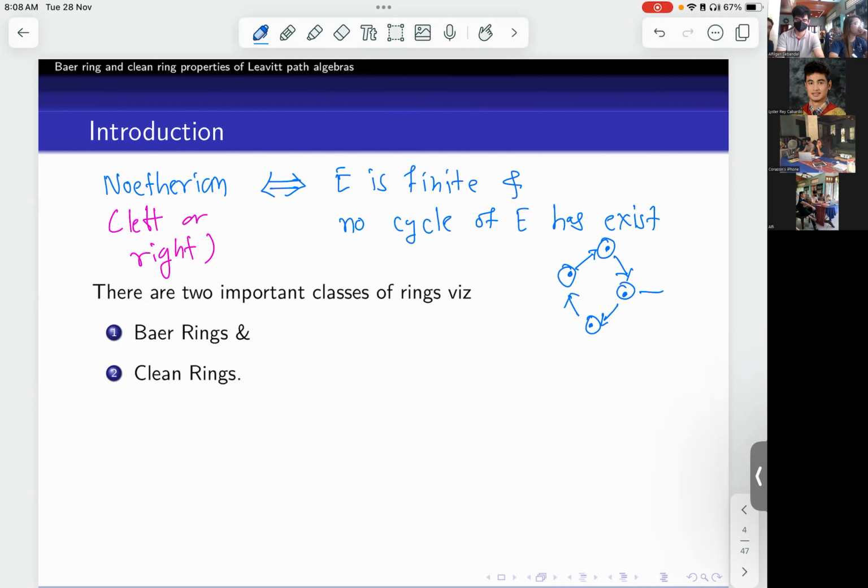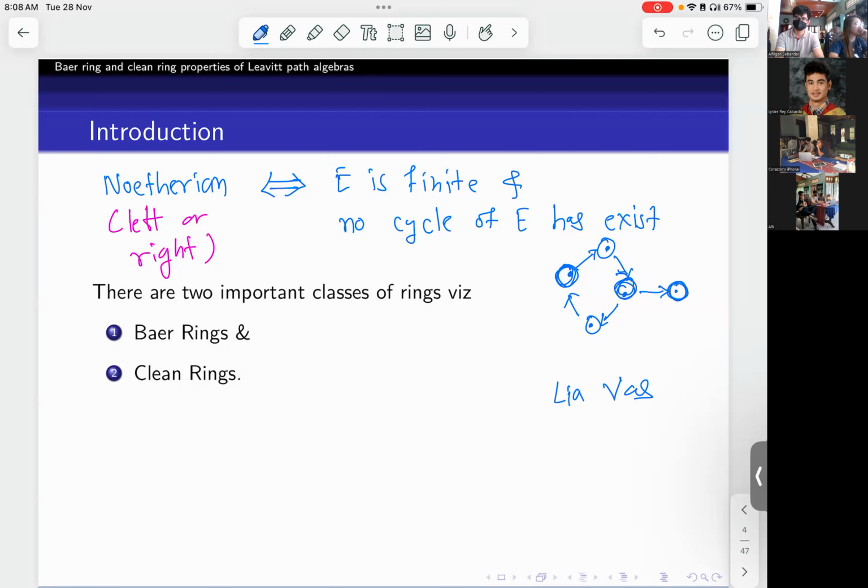But suppose there exists another edge which takes us to another vertex, so you can come from this vertex to this vertex, and instead of going around the cycle you can go away. So we will say that this cycle has an exit. This characterization again was given by Abrams, Aranda Pino and Siles Molina, but the talk that I'm giving today is different.